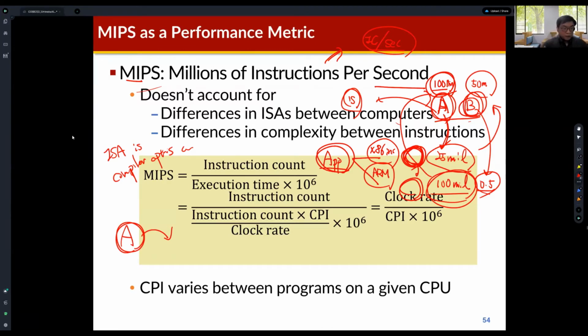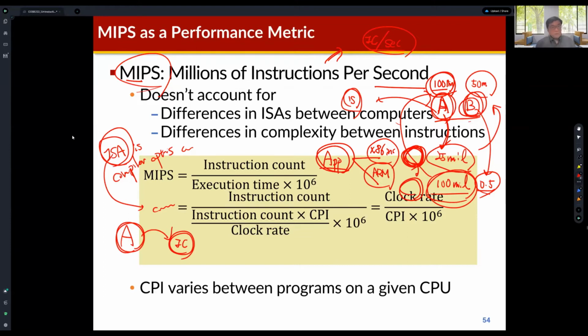Then this application can be executed by the computer processor, and the application's instruction count is influenced by the compiler and ISA. So we don't know how many instructions are generated after compilation. Okay, that is the problem. So if the ISA is the same and the compiler options are the same, then we can use MIPS as the performance metric.